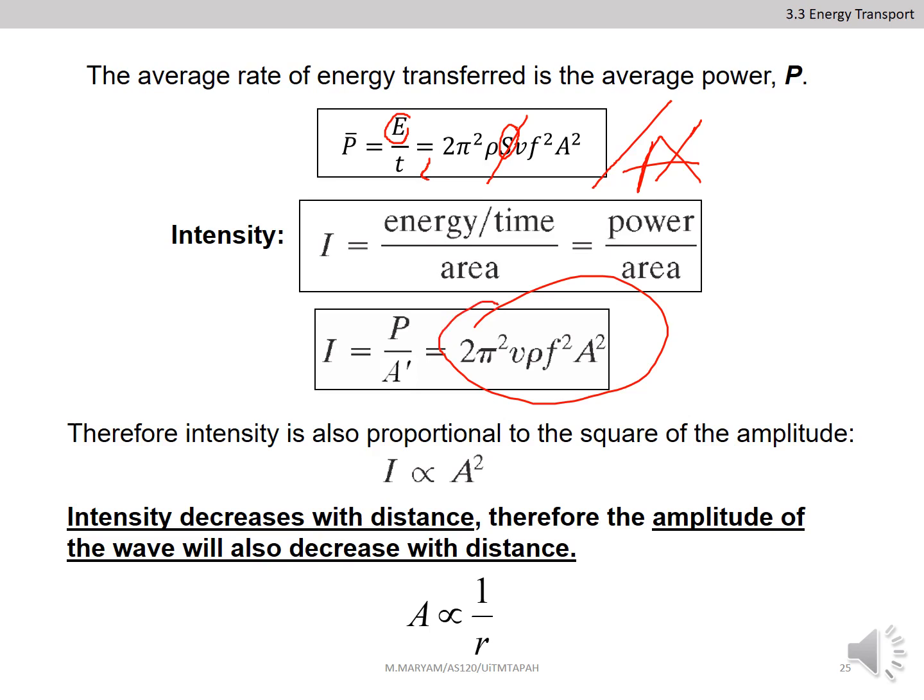The area, as I showed earlier, is represented by S, so we can cancel out A prime and S. That is why we got this equation for intensity. From the equation, we know that intensity is also proportional to the square of the amplitude. Therefore, intensity decreases with distance, and the amplitude of the wave will also decrease with distance.